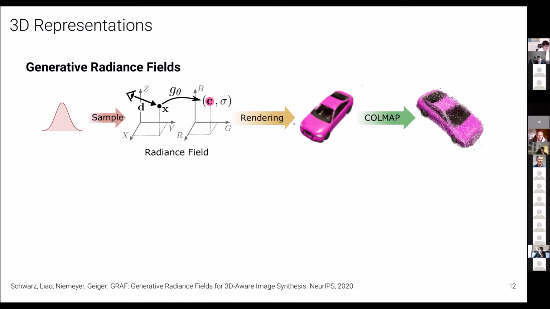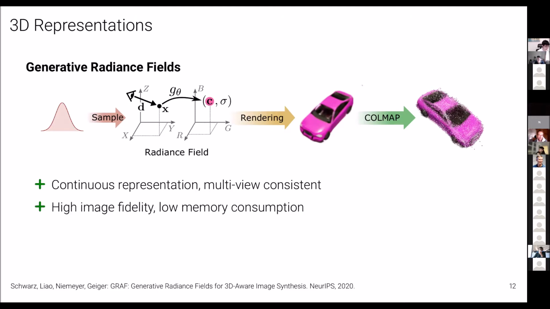And you can see that because we have no parameters here in this rendering step, we obtain a consistent 3D reconstruction if we take a couple of images from different viewpoints rendered from this model, and try to reconstruct again. So we have a continuous representation that's multi-view consistent, leads to relatively high image fidelity, at least on these very simple data sets that we applied it to.